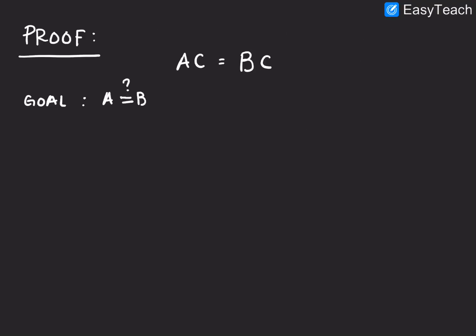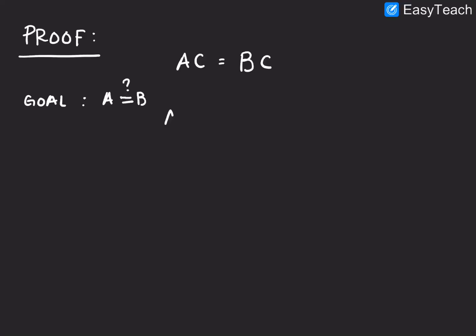Okay, so I think it's good to get a little practice on these proofs. So we have this small little proof where AC is equal to BC, and the goal is to prove or show that A is equal to B. And we can do that by asking ourselves, does C inverse exist? If it does, then we can do some math.